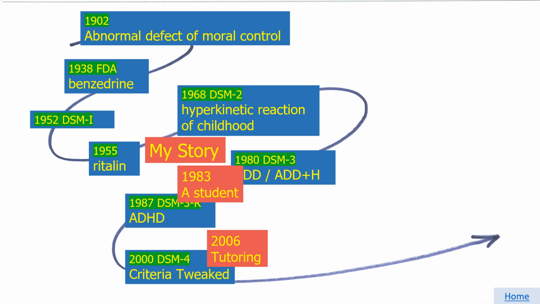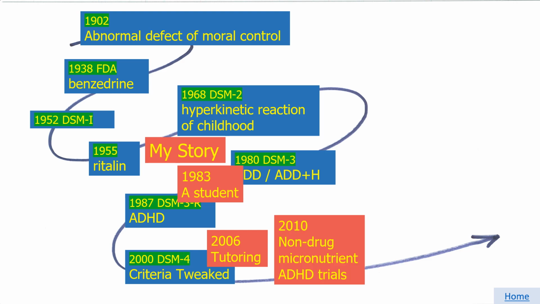Fast forward to 2006, I was tutoring and I began to get a sense of some of this. I first heard about ADHD, ADD. A little bit later, 2010, the wonderful Julia Ruckledge, the University of Canterbury, I took part in a year of the non-drug micronutrient ADHD trials, being poked and prodded with questioning pretty well every week for about 10 months.